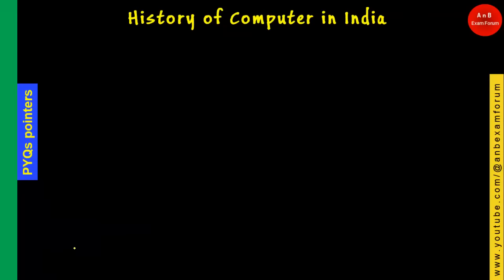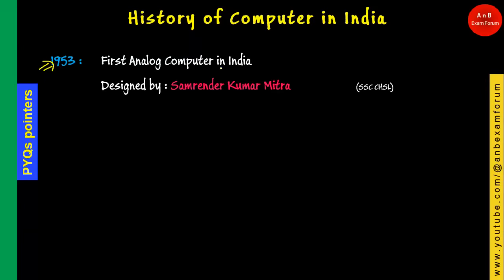The next one is the history of computers, and the history begins after independence, after the Republic Day, that is in the year 1953. In 1953, the first analog computer in India was made. Who did this? It was designed by a person, just remember this name, it is very important, Samarendra Kumar Mitra.